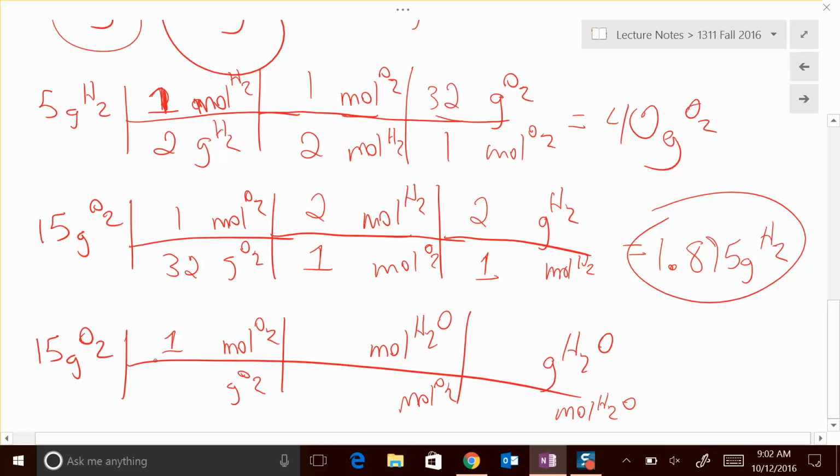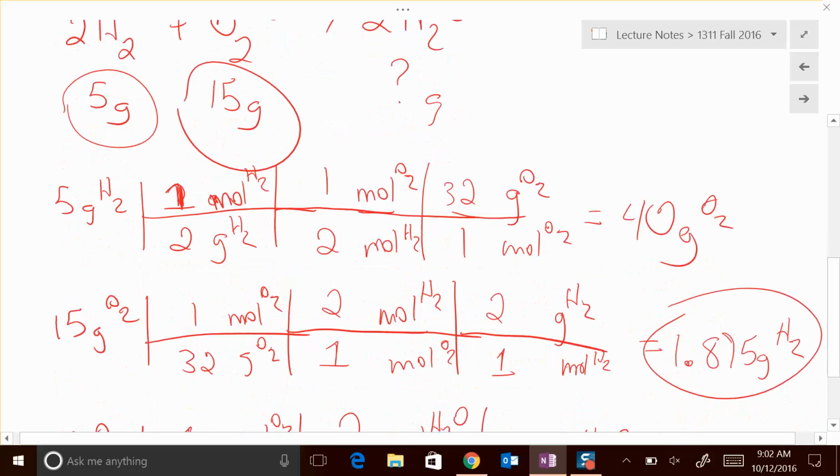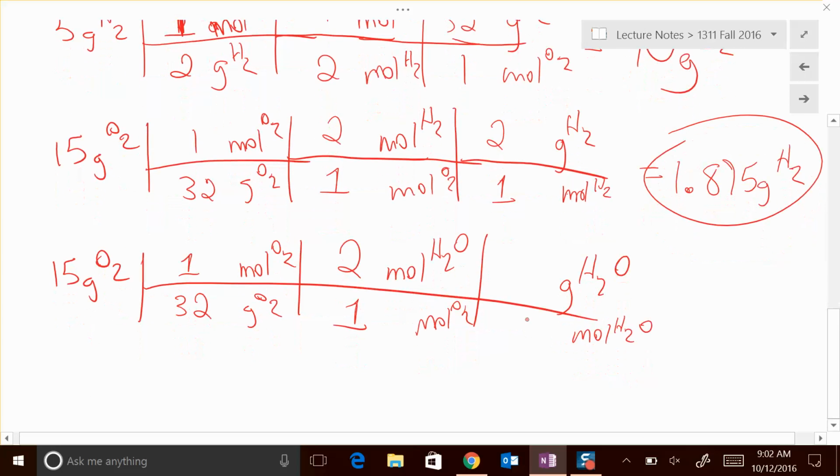Grams to moles, moles are 1, grams are 32. There's 32 grams in every 1 mole of oxygen. Mole to mole, I find from the chemical equation, there's 2 moles of water for every 1 mole of oxygen according to my balanced chemical equation. Grams to moles, moles are 1. There are 18 grams of water in every 1 mole of water. 15 times 2 times 18 divided by 32. What's my answer?